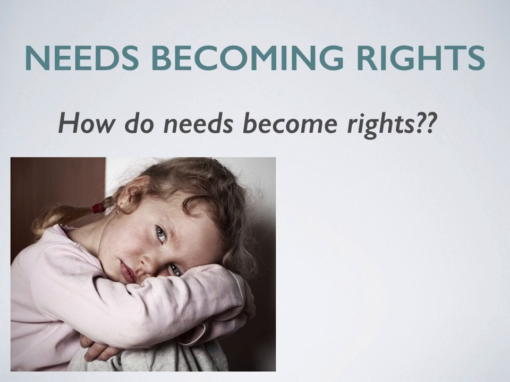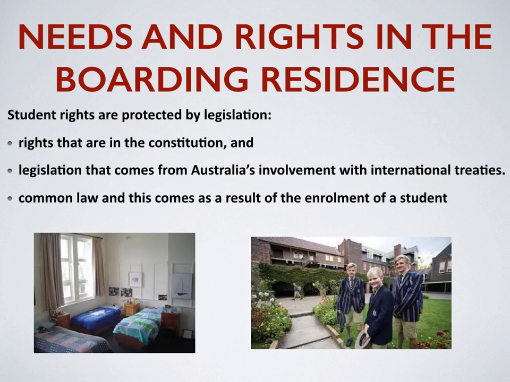So this does happen, and if you look at the history of Australia, you'll see that over time we have had needs, and these needs actually become rights. And so if you think of things like education, or fresh drinking water, or sanitation, at one time these were all needs, and we all had these needs, but over time they became rights.